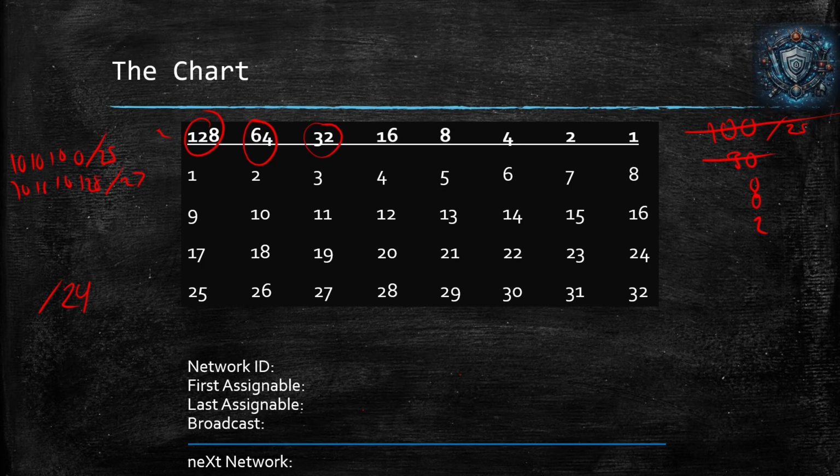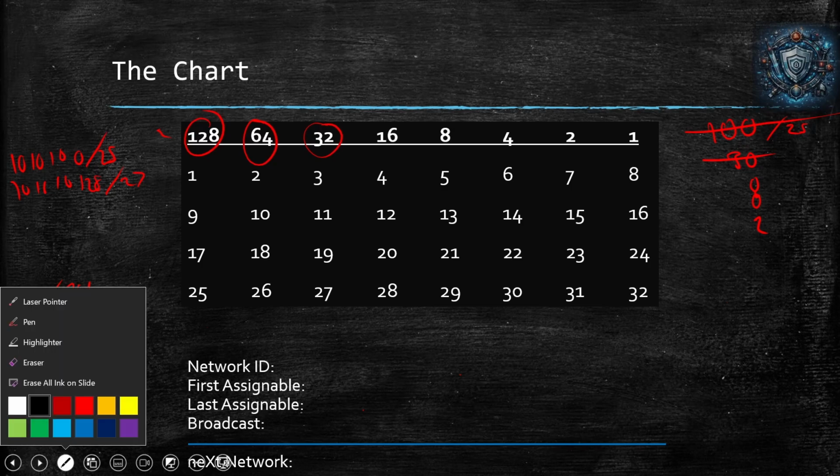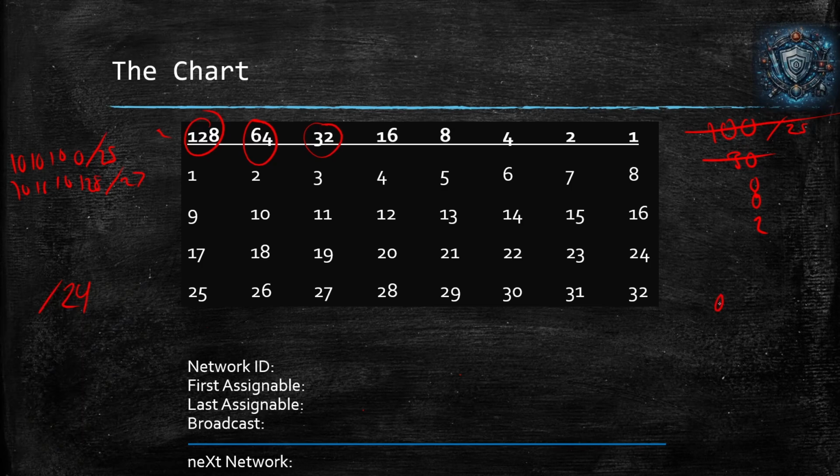But can we go smaller? Can we go to 8, increment by 8? That's 8 addresses there, right? 0, 1, 2, 3, 4, 5, 6, 7. That's 8 addresses, but it's not 8 usable addresses. Remember, we can't use our network ID and our broadcast.